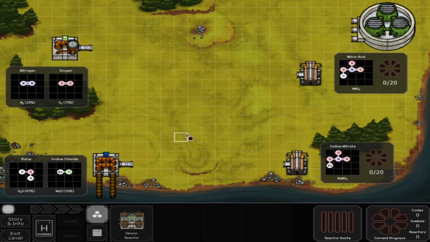Oh boy. Yeah, this is going to be a complicated level.